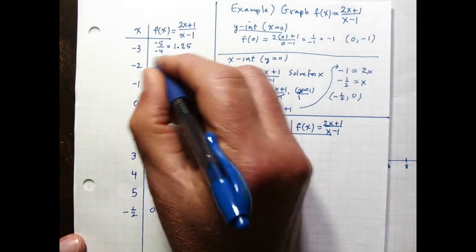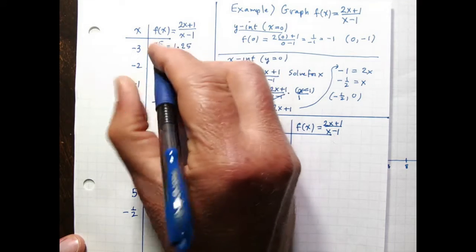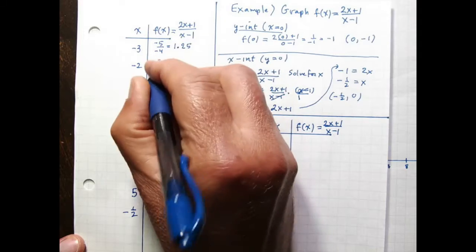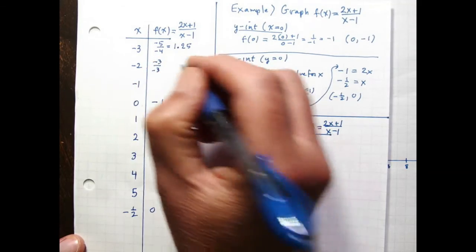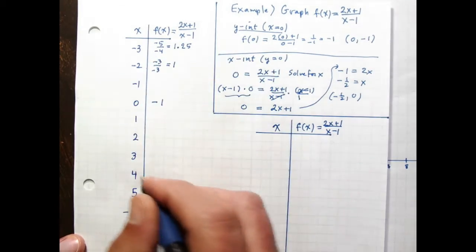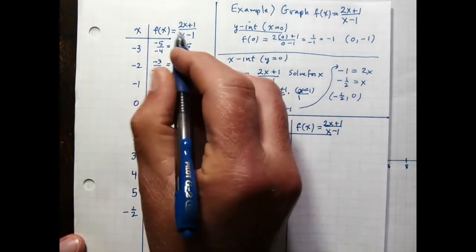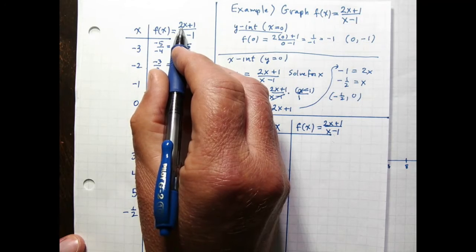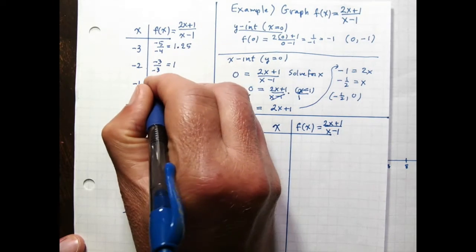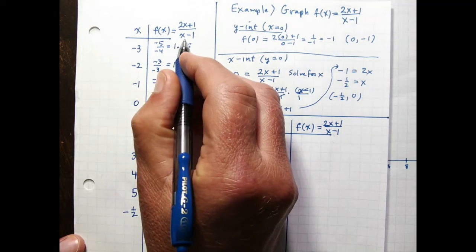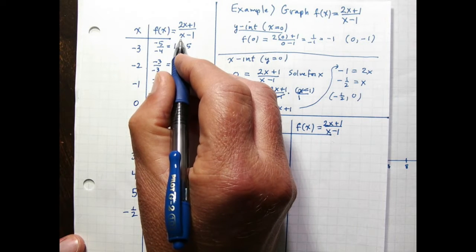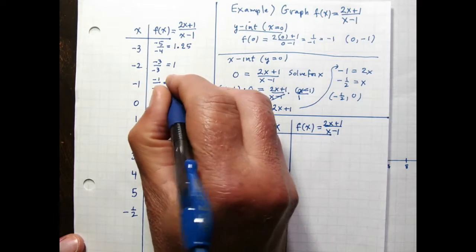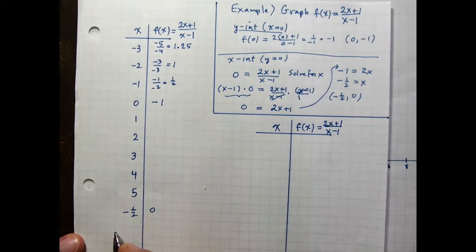If I plug in negative 2, I get negative 4 plus 1, which is negative 3, over negative 2 minus 1, which is negative 3. That's exactly 1. If I plug in negative 1, I get negative 2 plus 1, which is negative 1, over negative 1 minus 1, which is negative 2. It looks like I get positive a half.